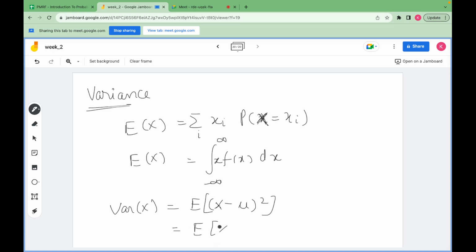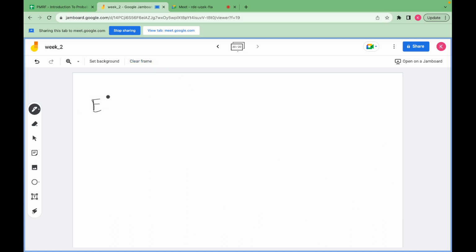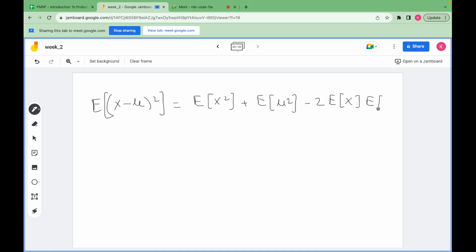If you expand this, it becomes minus 2x mu, which can be written as the expectation of x square plus the expectation of mu square minus 2 times the expectation of x into the expectation of mu. This mu is a constant value because it's a mean. After simplifying, this is constant, this is constant.